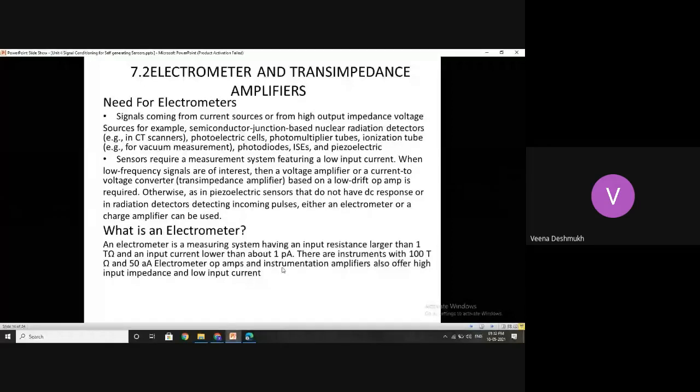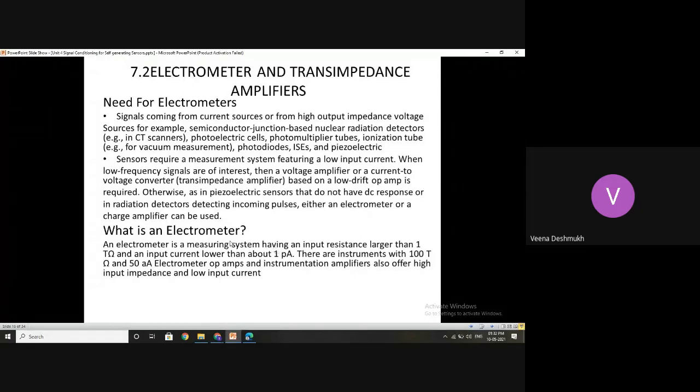Tera ohms is 10 to the power of 12 ohms. So this is as high as tera ohms, and input current lower than 1 picoampere also can be sensed. So these are the meters whose input impedances are as high as of this order, and input current lower than 1 picoampere also can be sensed.